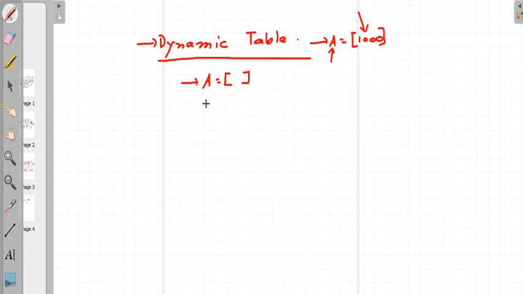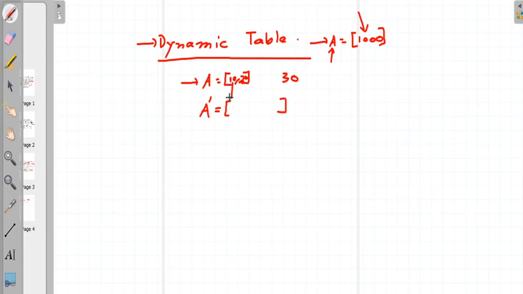So A equals 2, and whenever the first two elements have come up, say with these two values, and then the next element is to be included, at that time A prime will be created with 2 times 2, that means double the size.